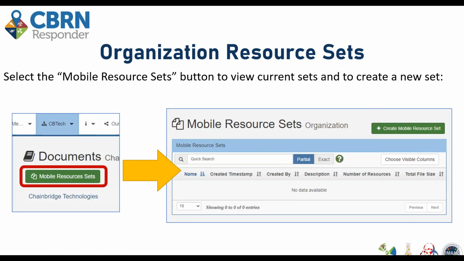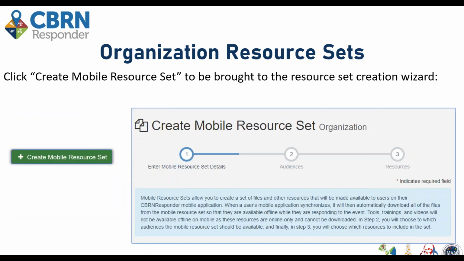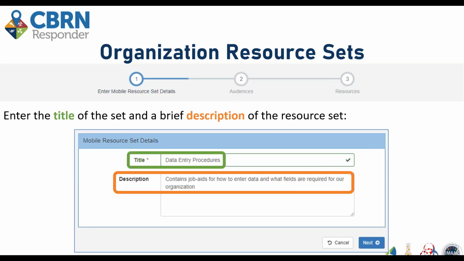A user should select the Mobile Resource Sets button to view the current sets that they have and to create a new set. The user should click Create Mobile Resource Set to be brought to the Resource Set Creation wizard. The user will be prompted to enter the title of the set and a brief description of the resource set.